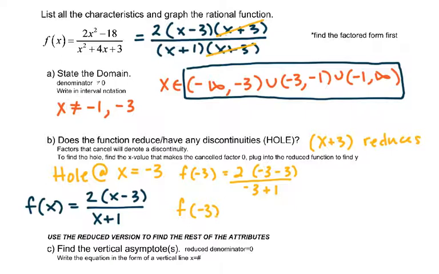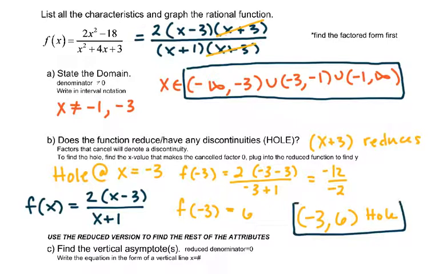In the numerator, I have -12 over -2, which is -6. Pardon me? -12 over -2 is positive 6. We have -12 in the numerator over -2. So positive 6. So what we know is there's a hole at -3, positive 6.